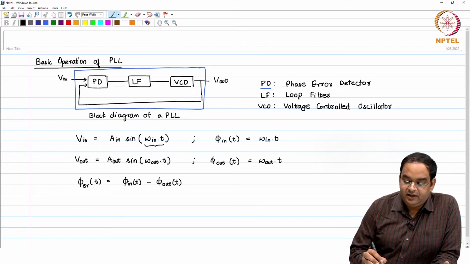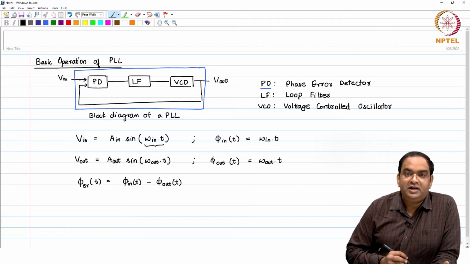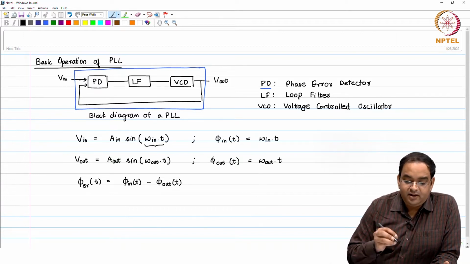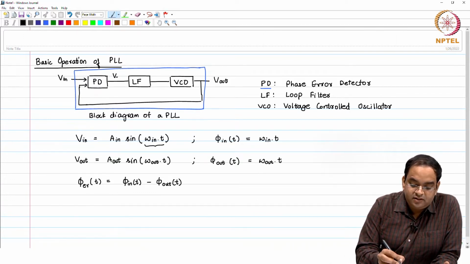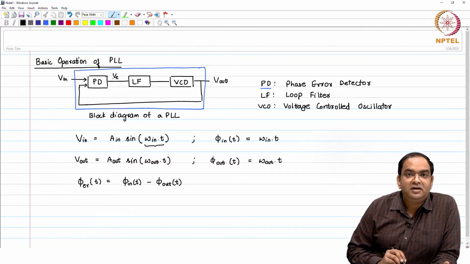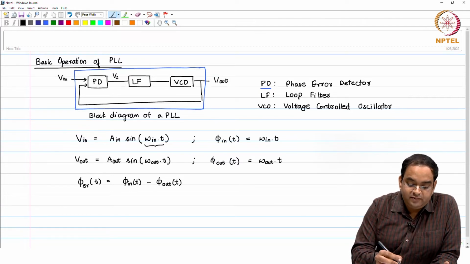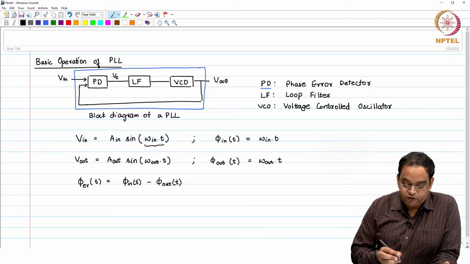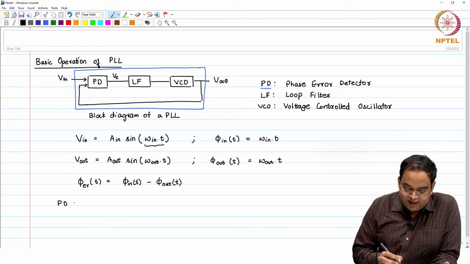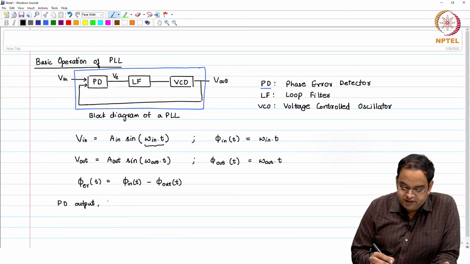The phase error detector computes this error and gives a voltage. The output of the phase error detector is a voltage, not some other variable. So, it gives a voltage proportional to the phase error. The phase error detector output, which is the error voltage, is proportional to the phase error.